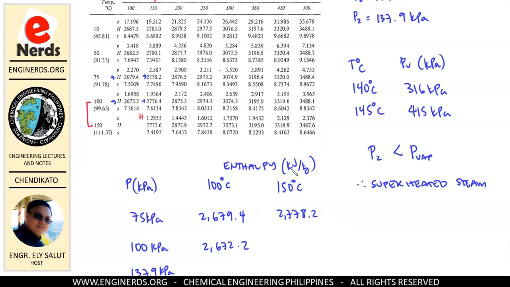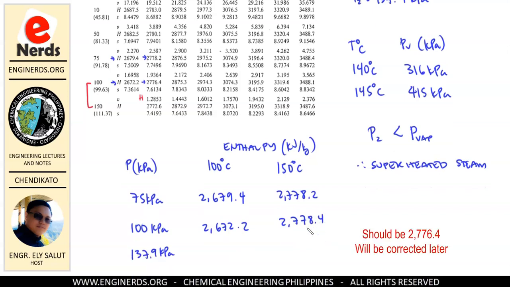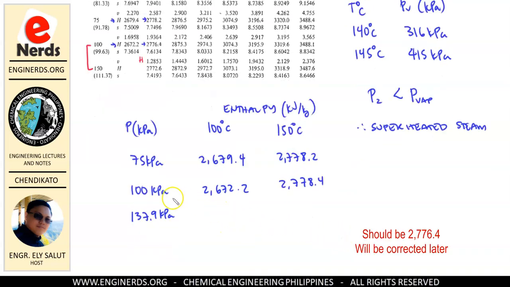Okay, and then in 100 kilopascal, we have 2,776.4.